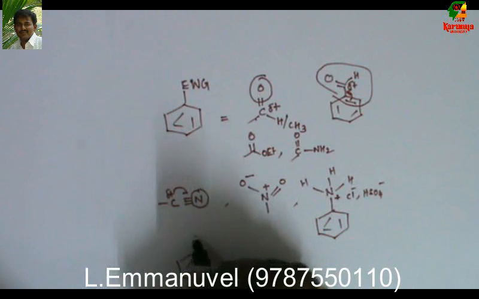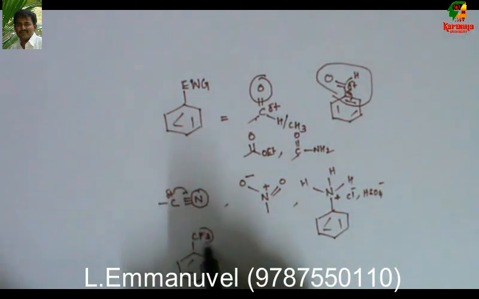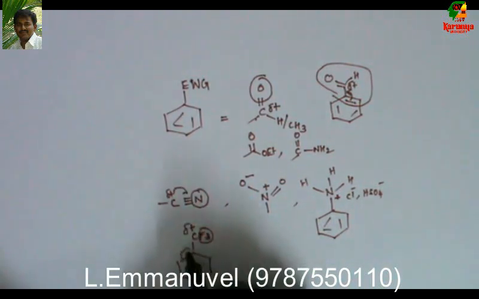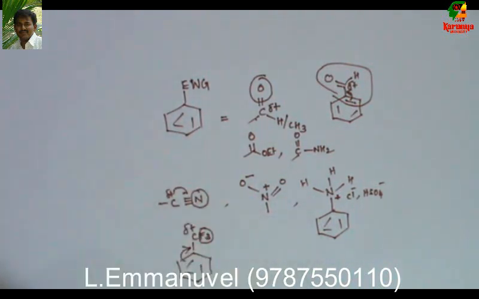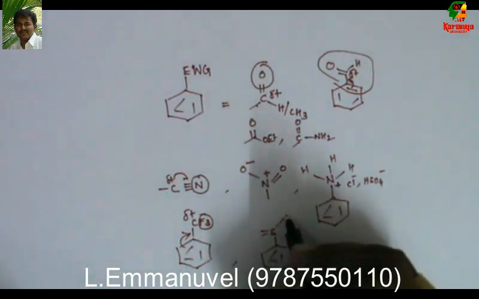Another system is CF3. Here, because of this fluorine atom, there is del plus on this carbon. So because of that, the electron density can be removed from the aromatic ring. Similarly, we can go for sulfone or sulfoxide.